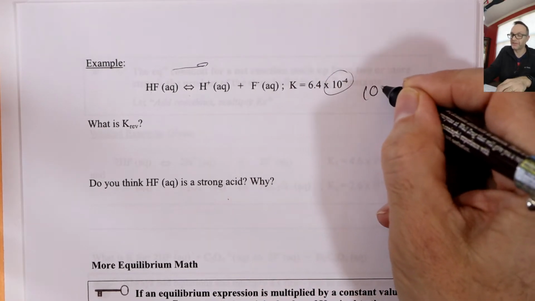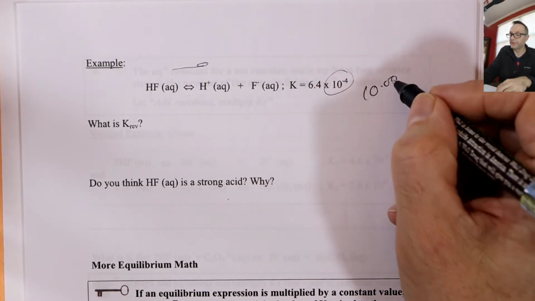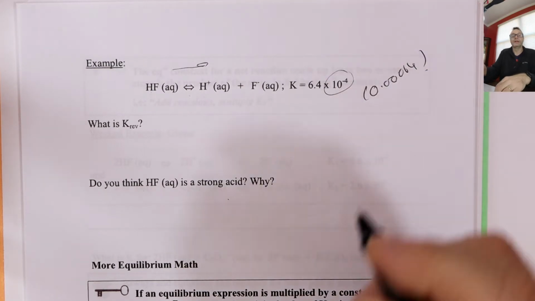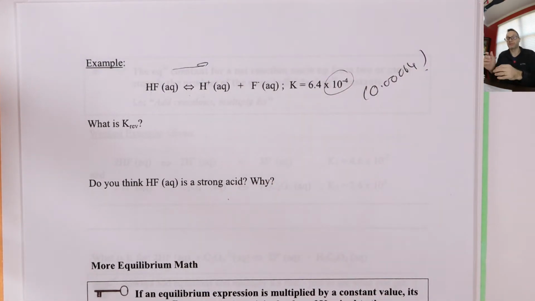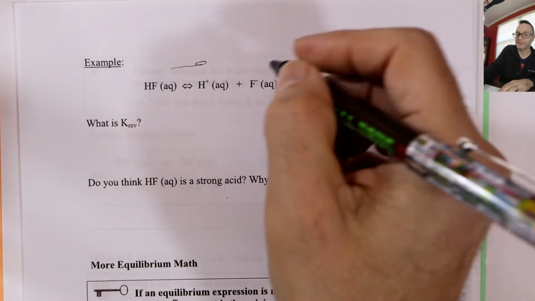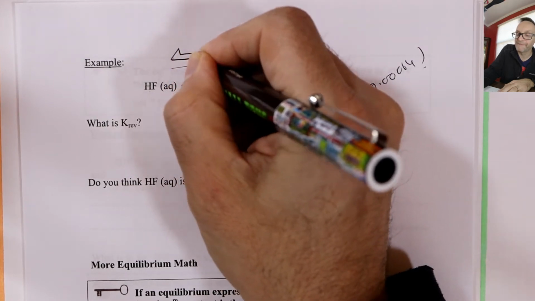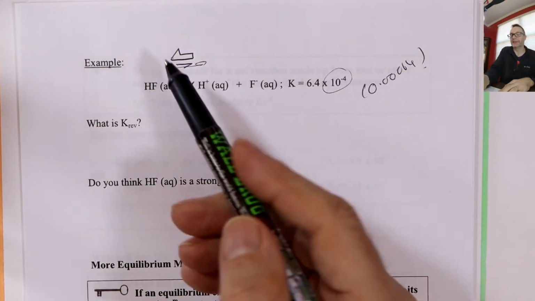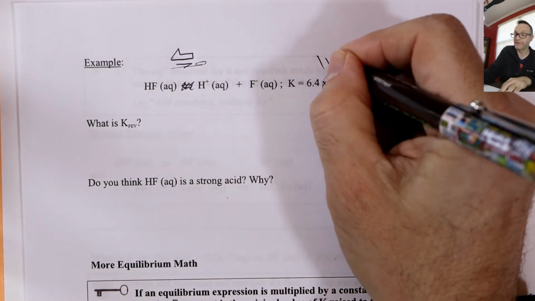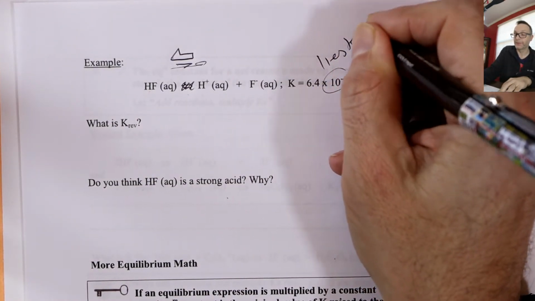So it's a super small number, right? That means the ratio of products over reactants is a small number, so there's much less products than reactants. If I was going to draw that, I'd draw this sign, so it lies to the left. Nope, left.